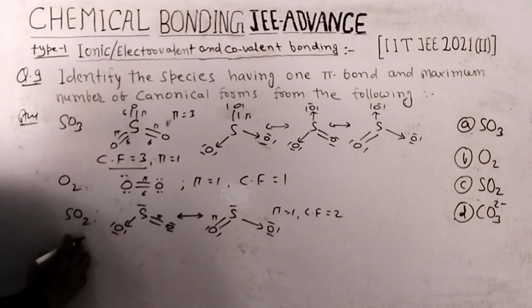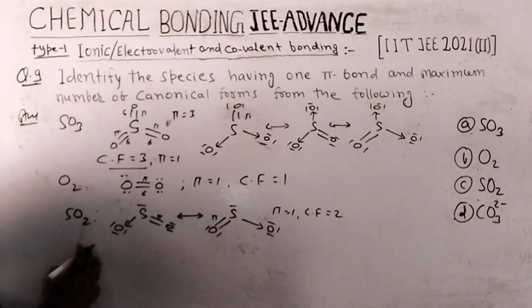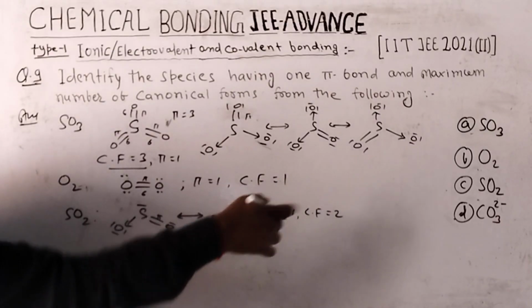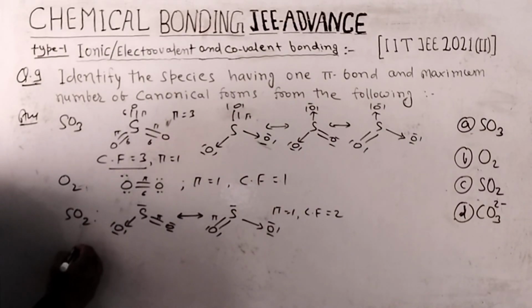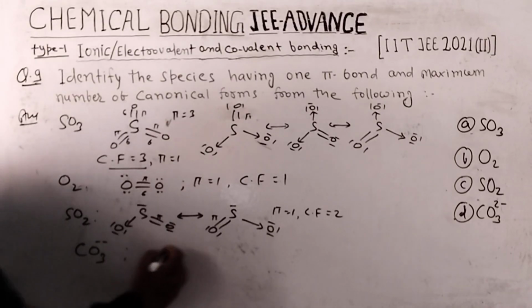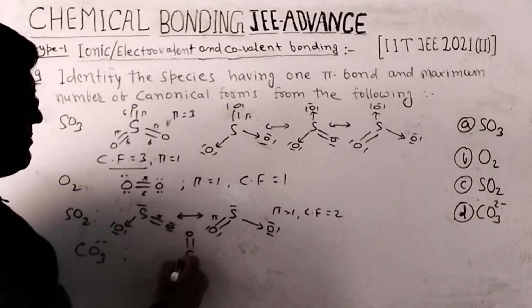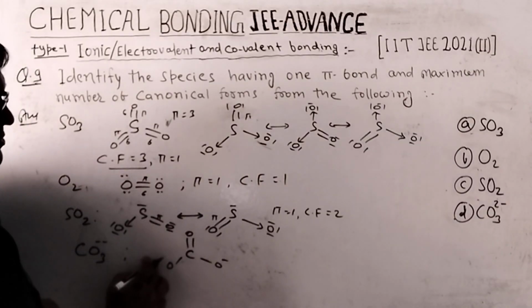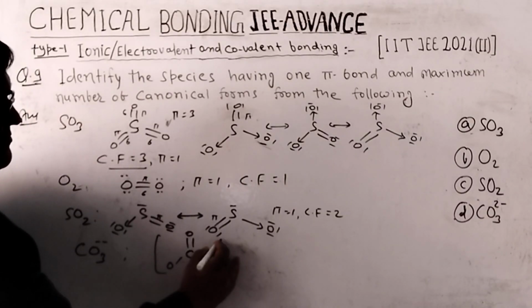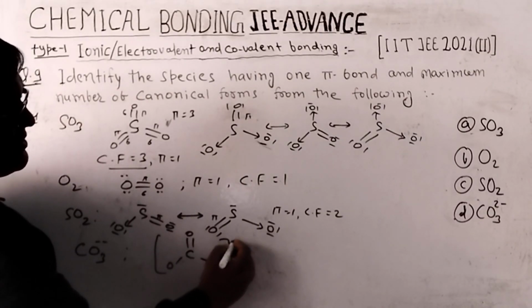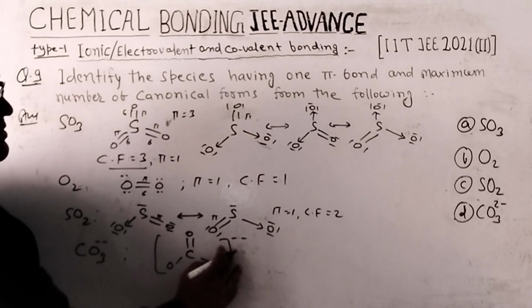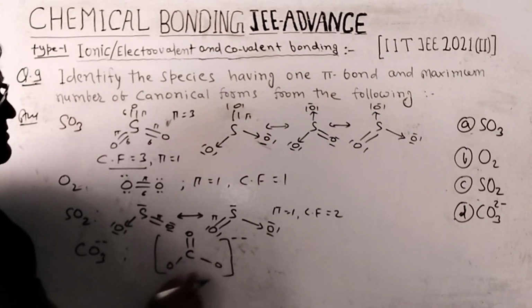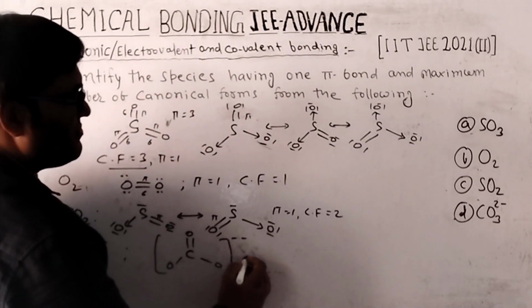Now the last is not SO3, the last is CO3 2 minus, the carbonate ion. The structure of carbonate is C double bond O, O negative, O negative. Now we write it inside a big square bracket. This is the first resonating structure.